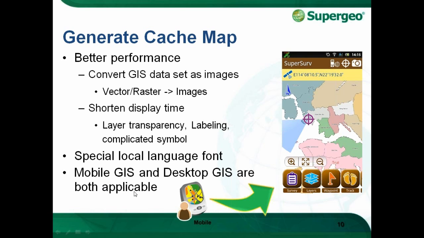And the third one is that our cache map is applicable for both mobile GIS and desktop GIS. So you can apply the cache map in mobile GIS and desktop GIS, which is very convenient.